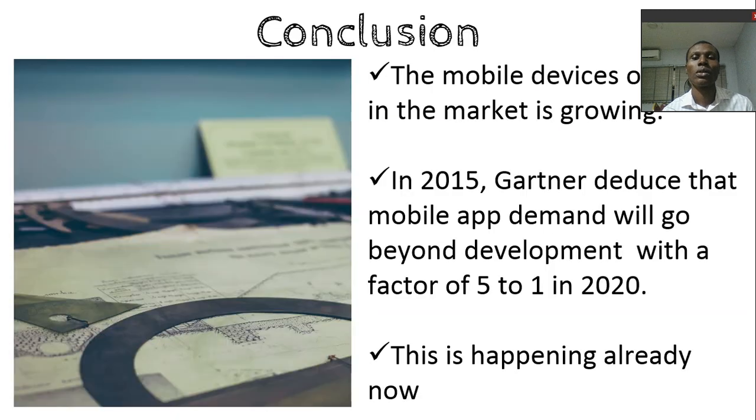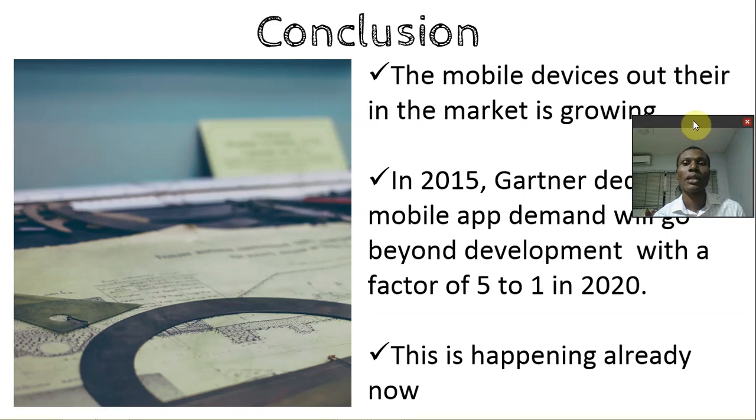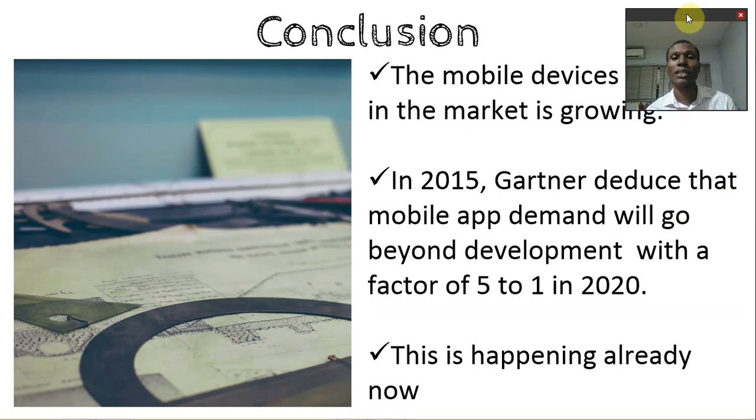Conclusion. So mobile devices, as I have said previously, are out there in the market and growing. According to 2015 Gartner, mobile app demand will go beyond development capacity by a factor of 5 to 1 by 2020, and this is becoming a fulfillment already. It's happening now.